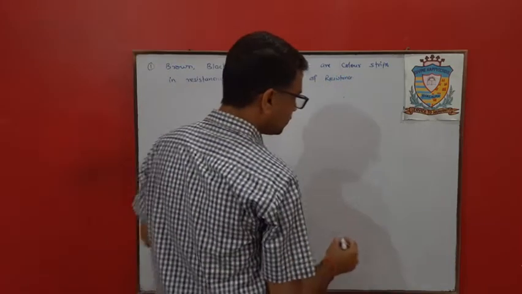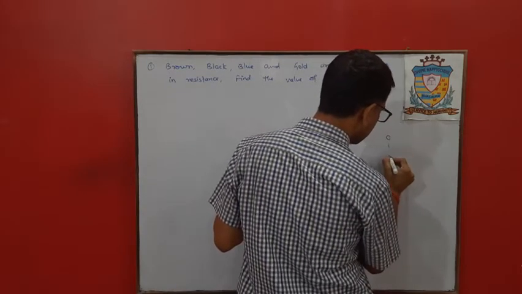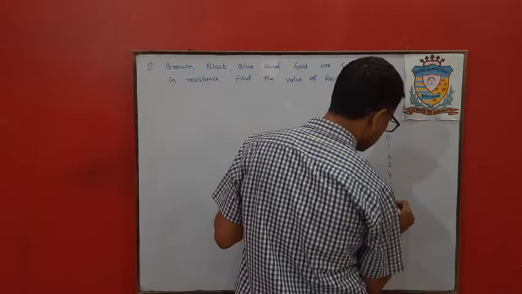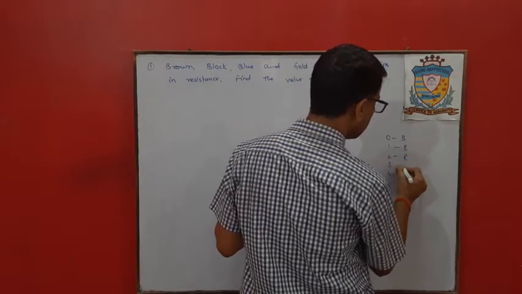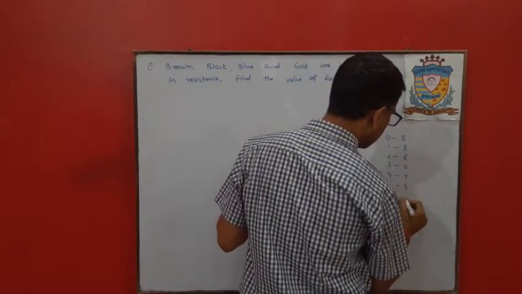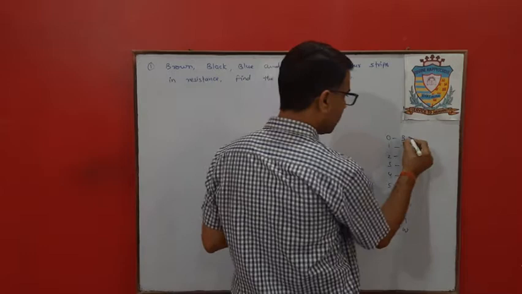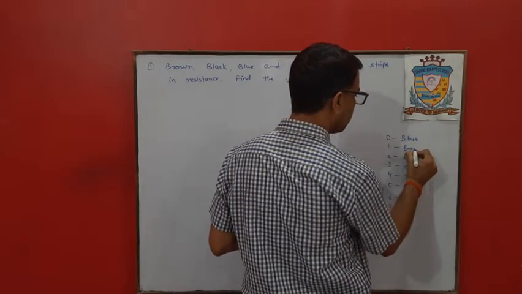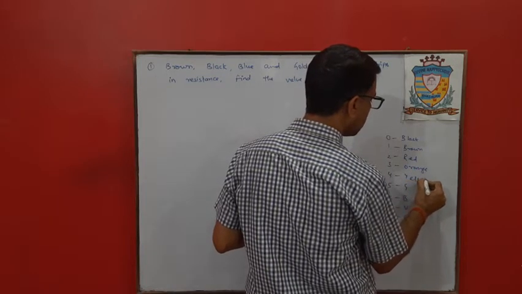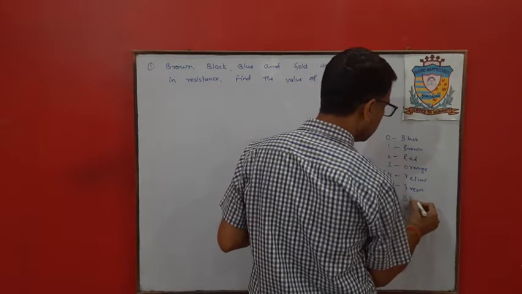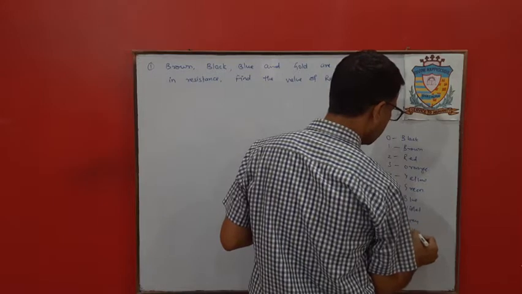Okay, first the color code: B.B. Roy, Great Britain, having very good wife, that is black, brown, red, orange, yellow, green, blue, violet, grey, white.